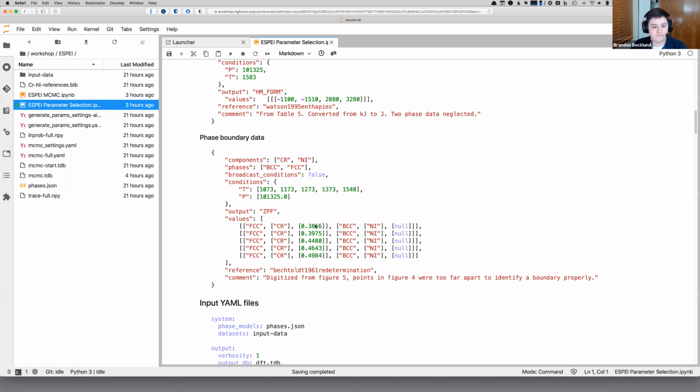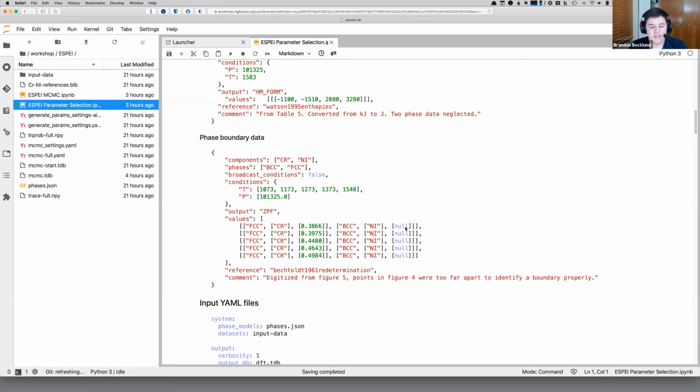What I've done is each line here, I've visually split up into 1 equilibria. You can see there's 5 temperatures and 1 pressure. So there will be 5 individual equilibria that we are trying to describe in this data set. In this first one, we have FCC and the composition of chromium where FCC becomes stable in this 2-phase region is at 38.6%.